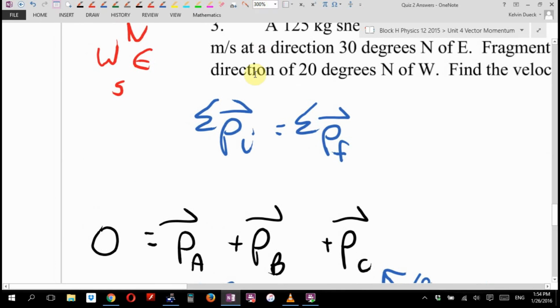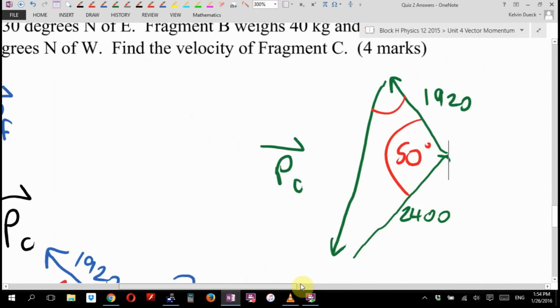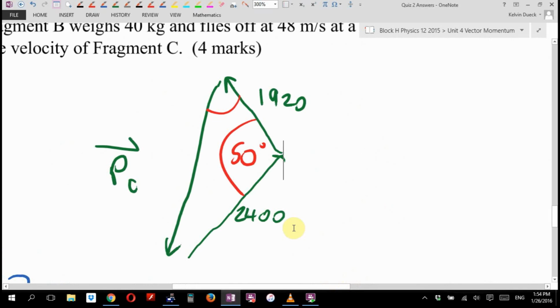Is this trig? Oh, the Z trick. Like that? You know that the thing I just drew is 20, so this up here is 20. I wonder if that'll help.